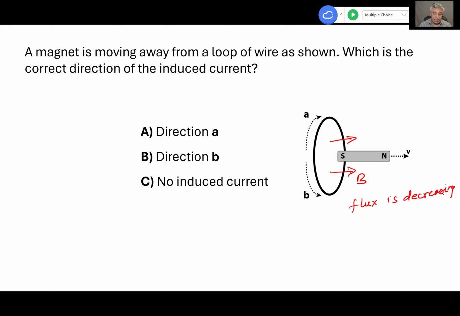So to oppose that decrease, the induced field has to line up in the same direction as the original. So to get the field on that side, I'm doing my fingers like this, thumb is going to the right, and my fingers are wrapping from down there. So that means it's going something like this. So B.